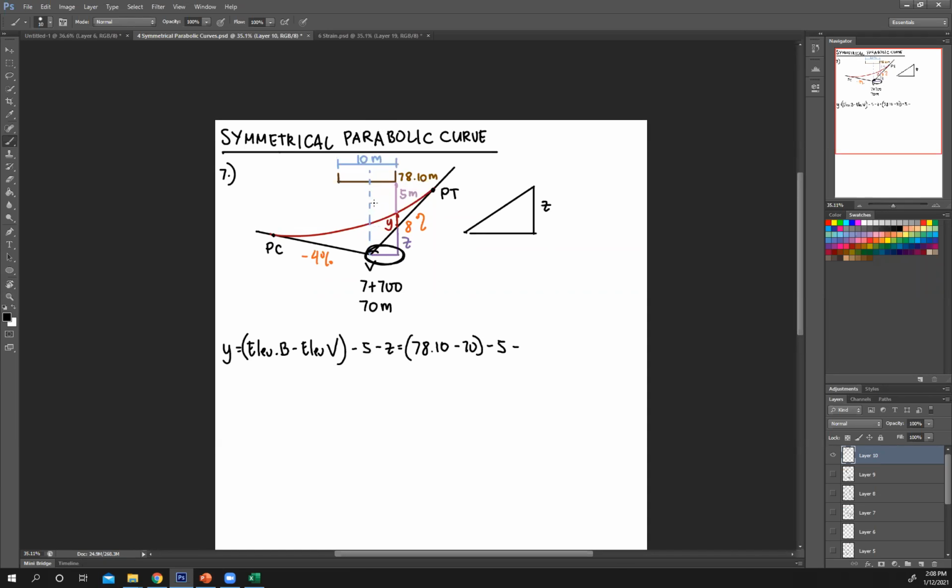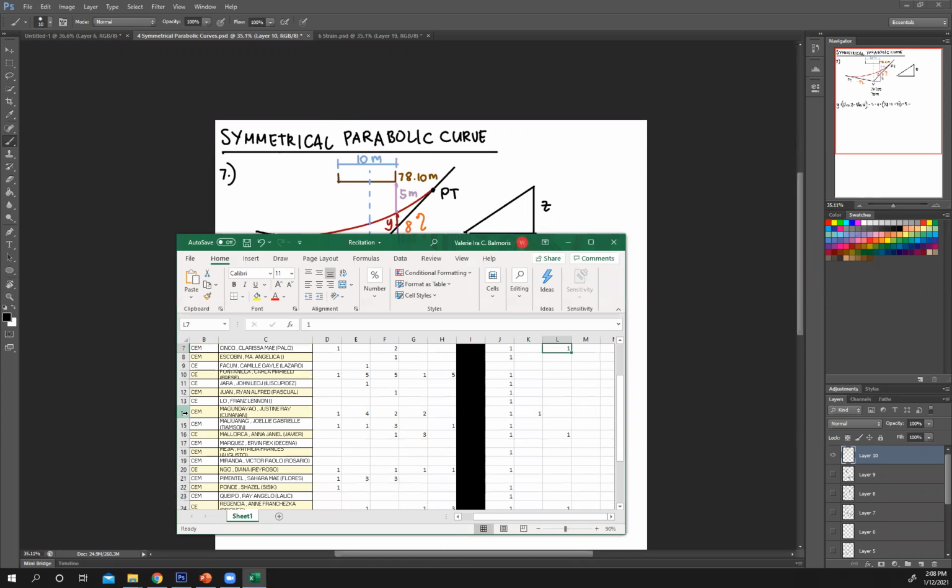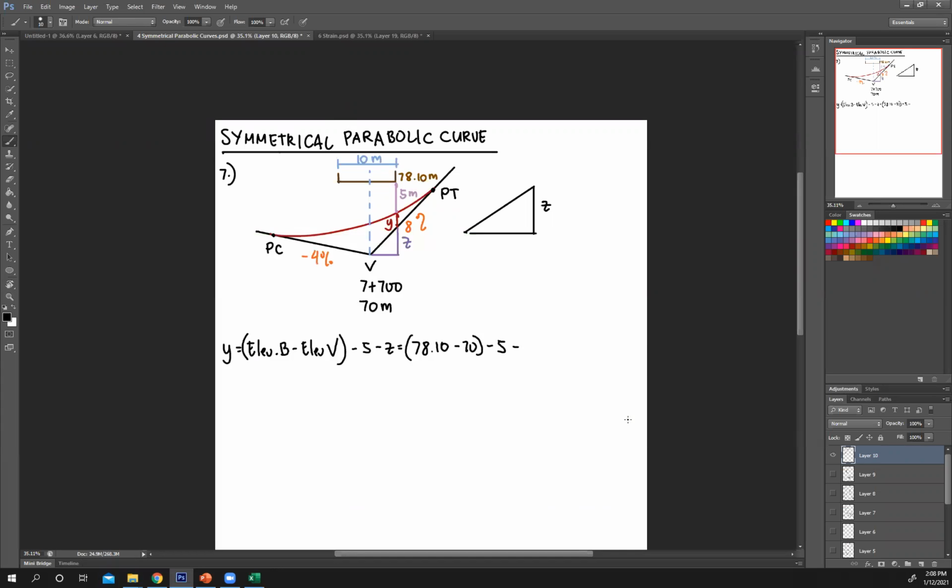Therefore, knowing that, can anybody tell me what this length is? Correct, Justin. It's 5.